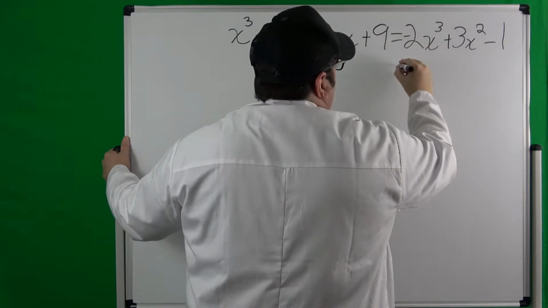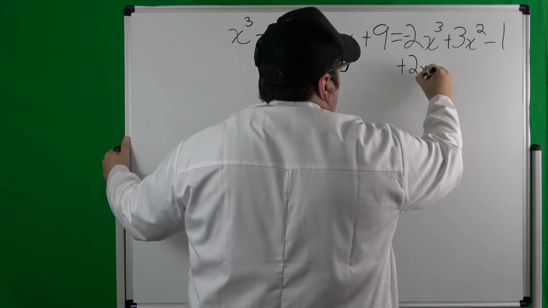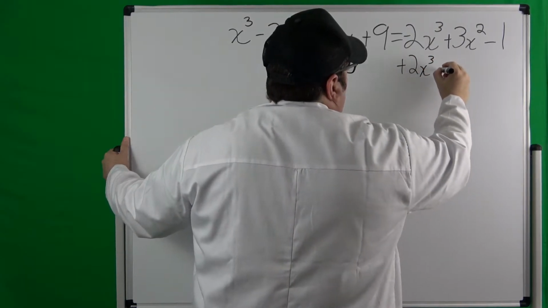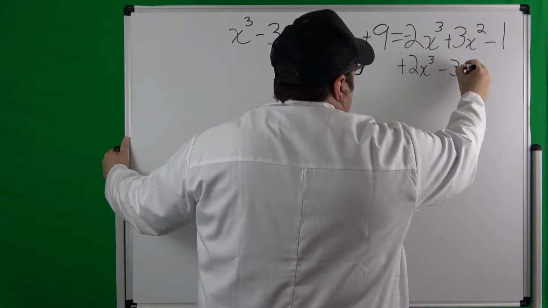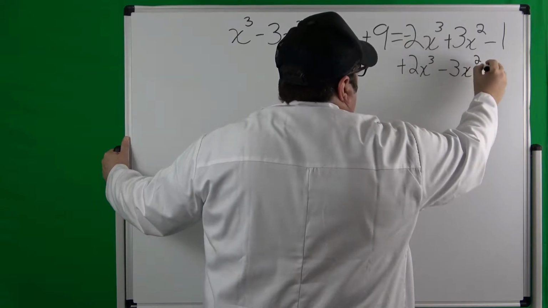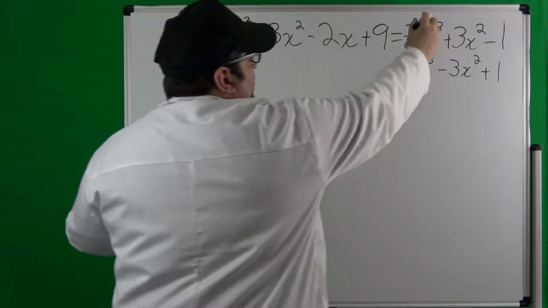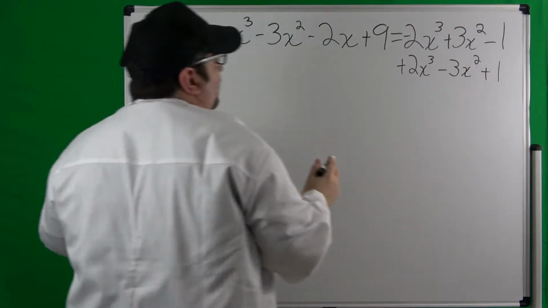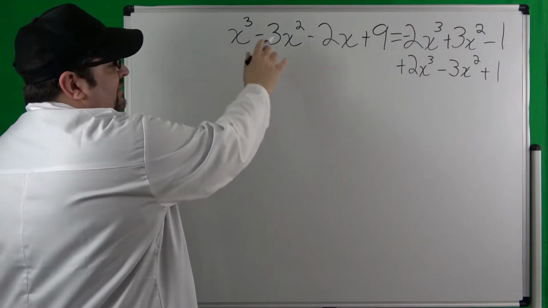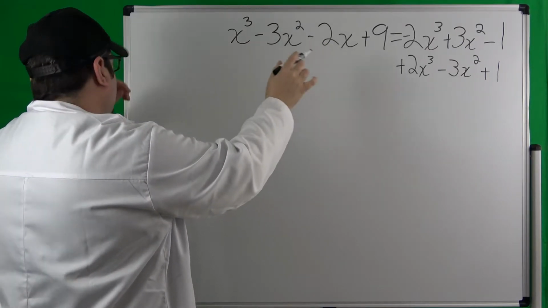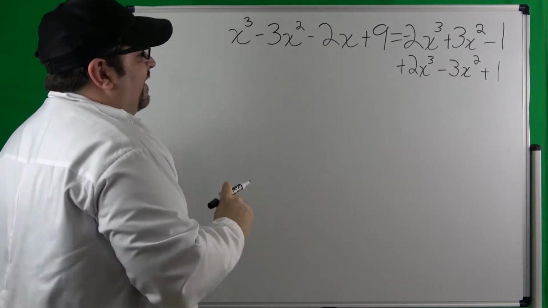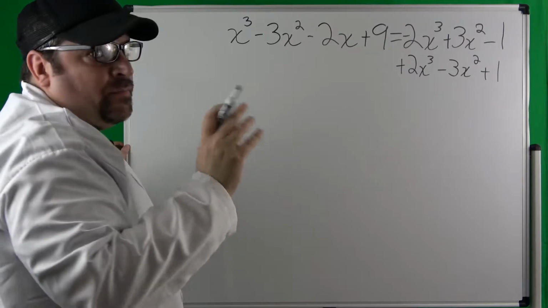So we're going to add a 2x cubed, subtract a 3x squared, and add 1. So that'll cancel all those out. And the easy way is to just go ahead and line them up with whatever term they will be combined with.